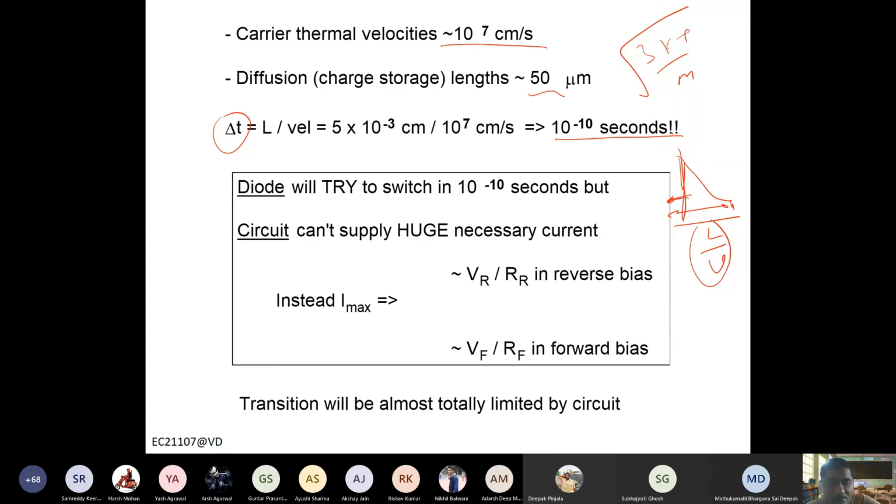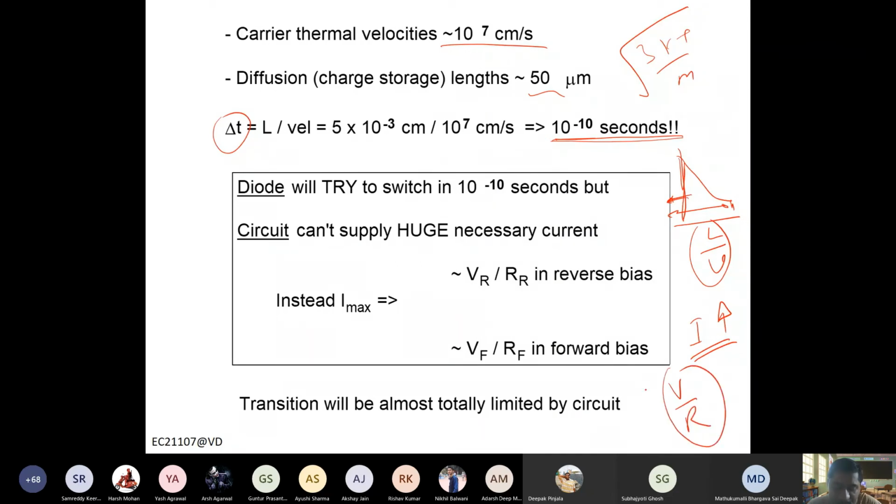But in real life, this does not happen, right? Because if you are going to remove a small amount of charge in 10⁻¹⁰ second, a very high current will flow, right? But the circuit has some resistance. We have a current limiting resistor. So the circuit allows only V applied by R external.